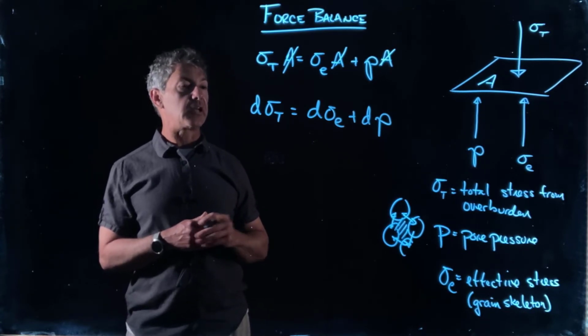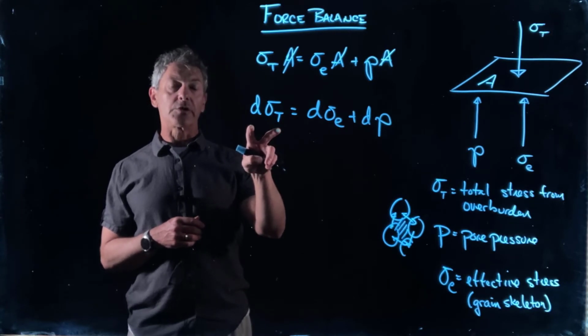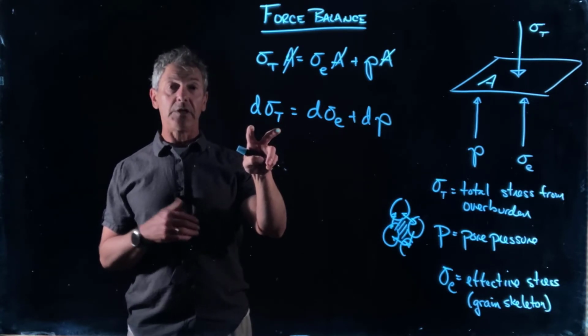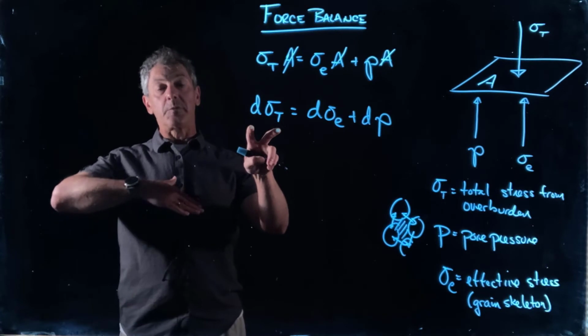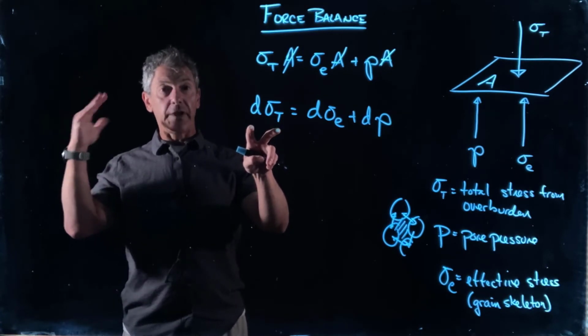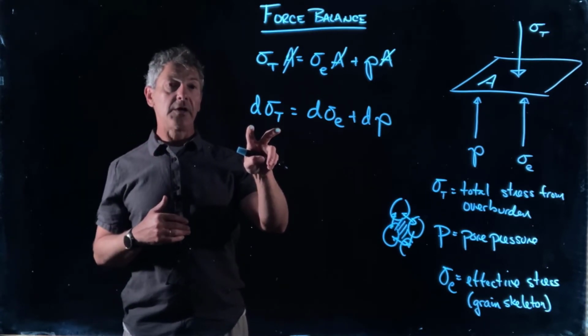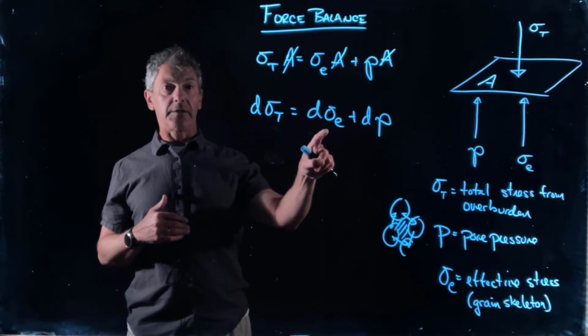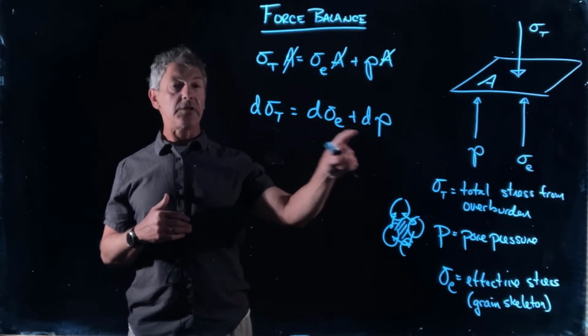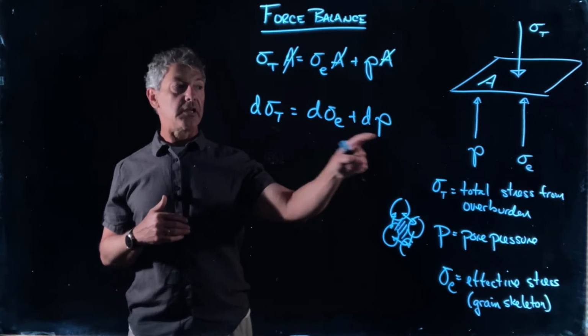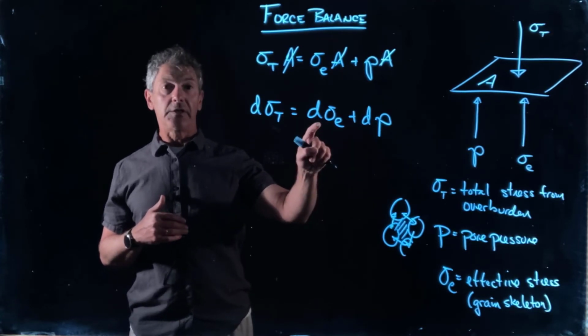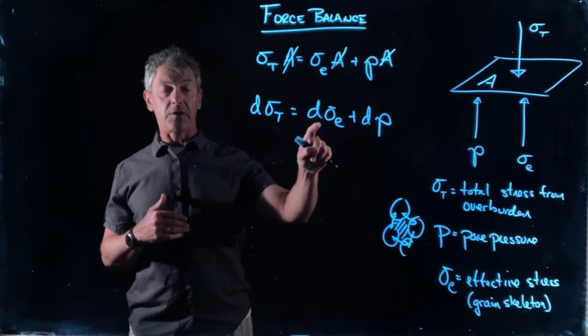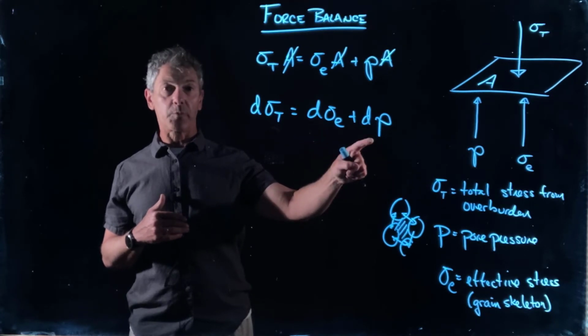This says that if the total overburden stress doesn't change, meaning that no sediments are removed from the top of this plane or dug down from above, then the sum of the changes of these two has to be the same, which means that if you drop the pore pressure, the effective stress has to go up, and if you reduce the effective stress, the pore pressure has to go up.